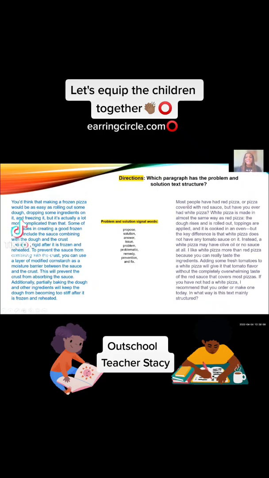I had them turn on the annotation feature in Zoom, and they had to find the signal words of problem and solution in the paragraphs. I told them to go back after reading the paragraph and highlight, circle, or underline the signal words for problem and solution, and they were able to do that for both paragraphs.